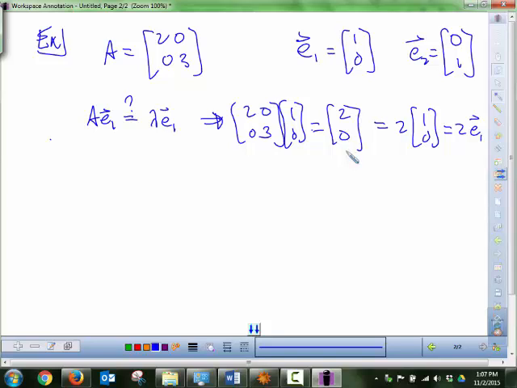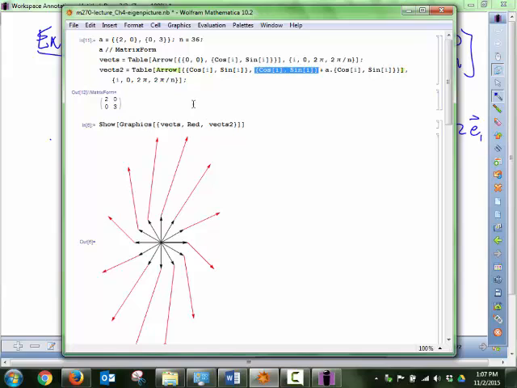But the eigenvalue would be 2, and the eigenvector would be E. But I'm not seeing that in the picture, so there's something going on here. Their E is like sine something. Well, it's sine and cosine, but it's just these vectors.